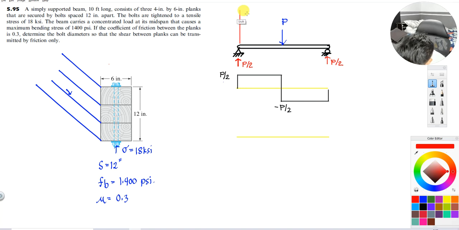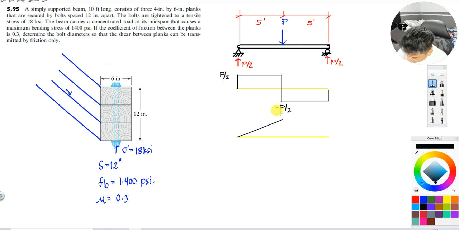Okay, so, this is 5 feet. And then this is 5 feet. So, 5 times P all over 2. Okay. So, ano yung point na yun?